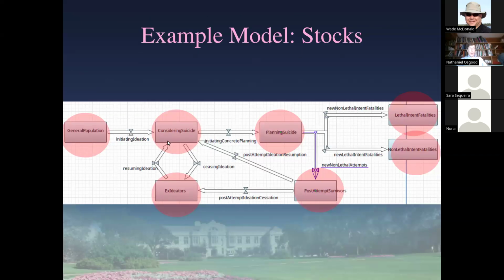Here, while we lend initial values to these stocks, how they evolve subsequently is dictated by the flows. And this is true independent of the semantics we associate with this, whether it's a differential equation semantics or a stochastic transition semantics.